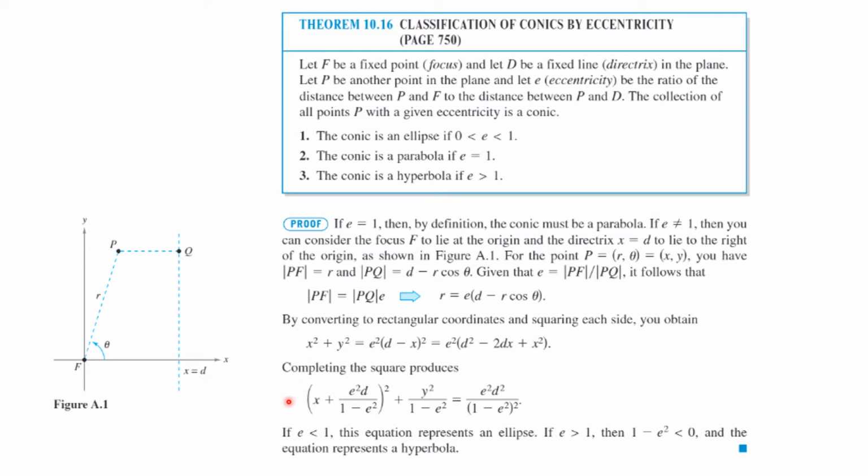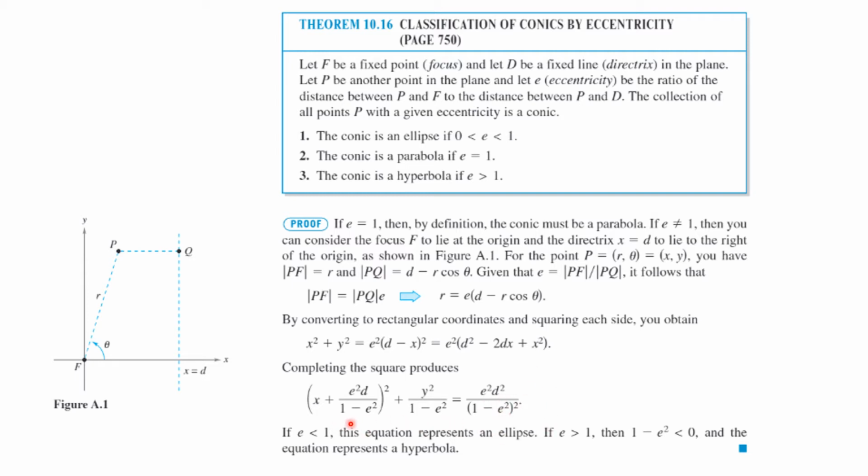So if you complete the square, and I encourage you to do this calculation, you get this. So x plus this coordinate squared plus y squared over 1 minus e squared is equal to this. Now this is not exactly the form of an ellipse, but if I multiply both sides by 1 minus e squared whole squared over e squared, I get 1 over here.